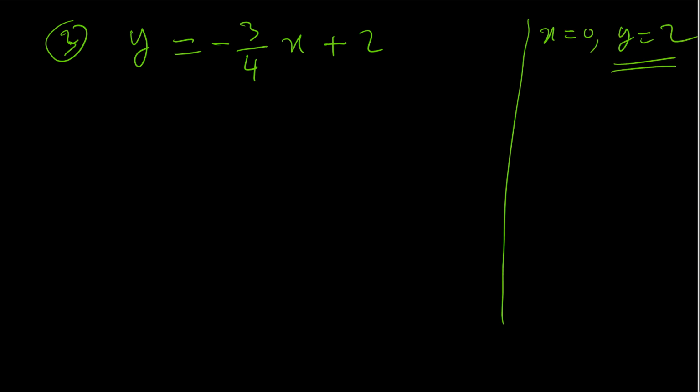So this is the y-intercept, right? It's very important. Now m, which is the slope, is equal to negative 3 over 4. So this is the change of y over the change of x, right? Now we can just graph it again. It's very simple.